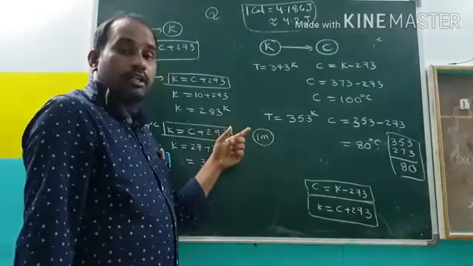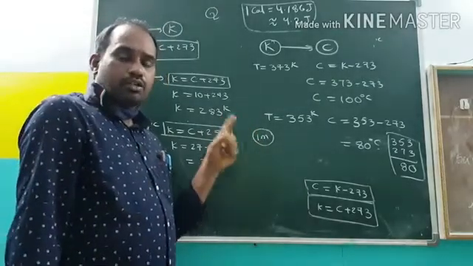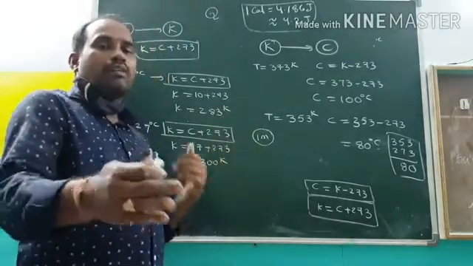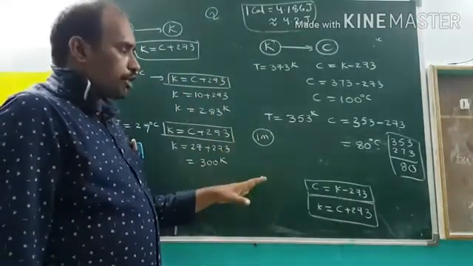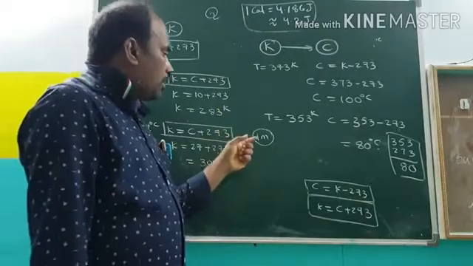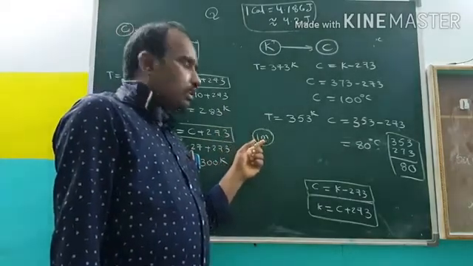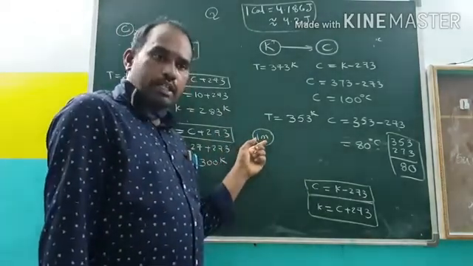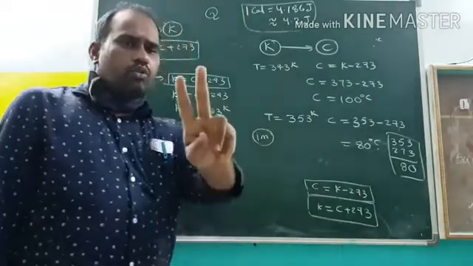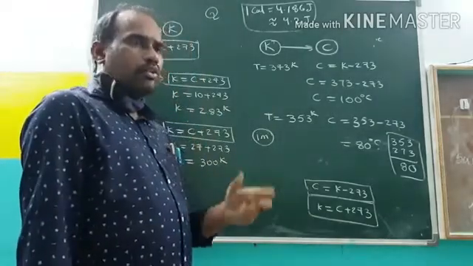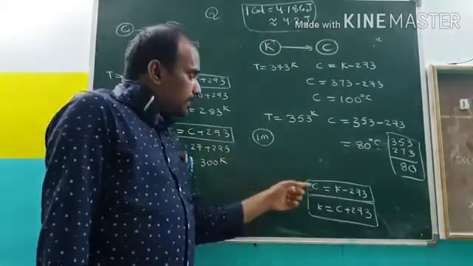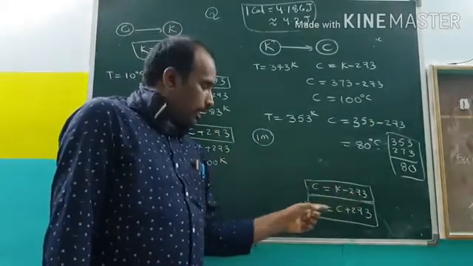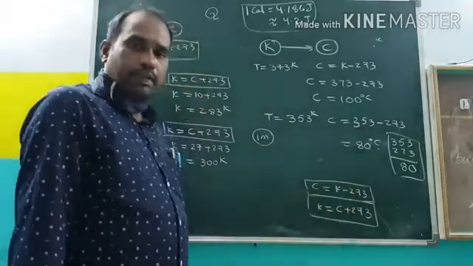So in the scales of temperature, it is easy to get 1 mark. Remember the two formulas and you easily get 1 mark. What are they? C is equal to K minus 273, K is equal to C plus 273.